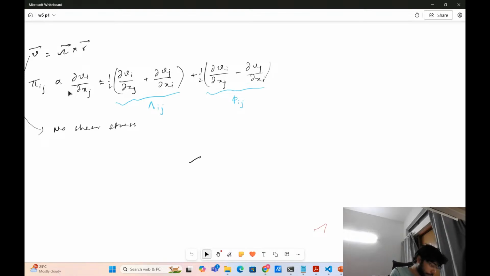Vi will be epsilon ijk omega j xl, right? And del Vi del xj will be epsilon ijk omega j delta jl.